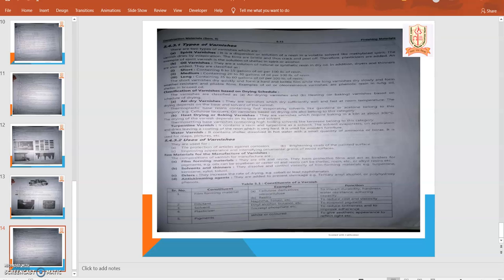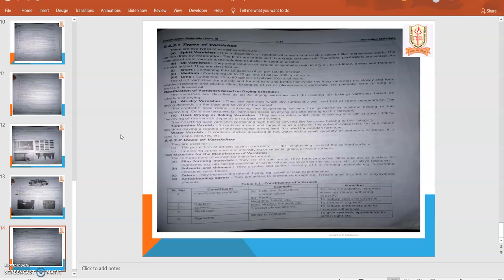Then anti-skimming agents, they are added to prevent skinning. The examples are tertiary amyl alcohol or polyhydroxyl phenols. So the constituents are given and their examples are mentioned as we discussed earlier.